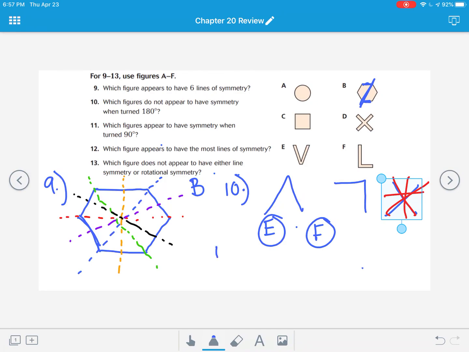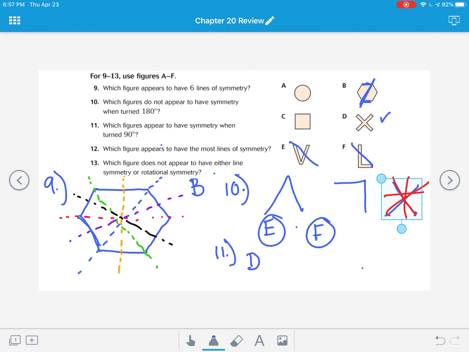All right, number 11 says which figures appear to have symmetry when turned 90 degrees. So that would be a quarter turn. So let's draw those out. So we already know that the letter V shape and L shape are not possibilities. We already saw that. We did see that X was a possibility, so that's letter D, so we know that for sure. So we've already done that one.